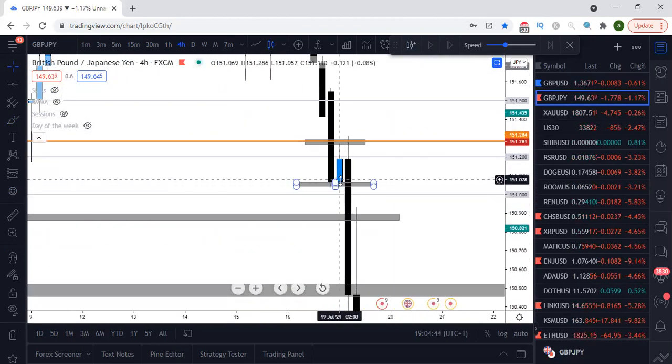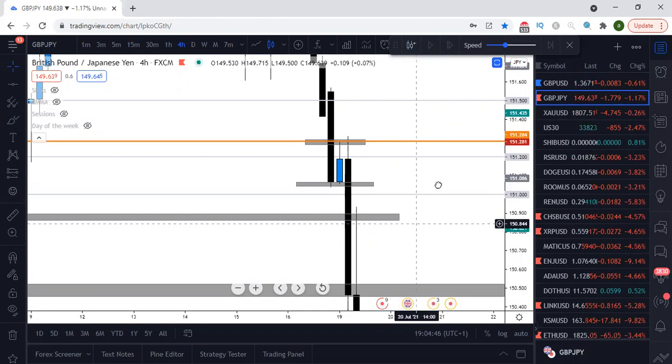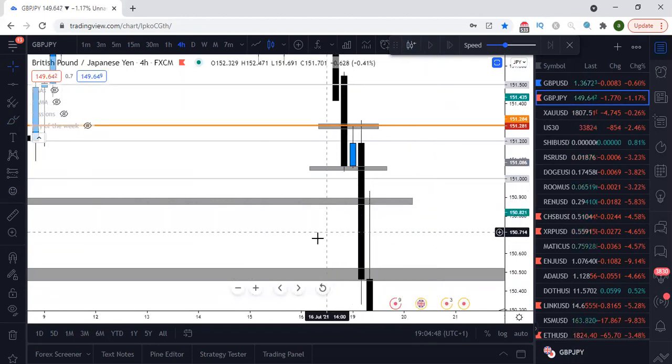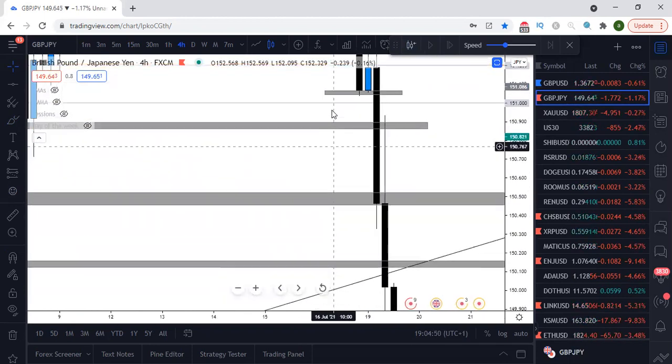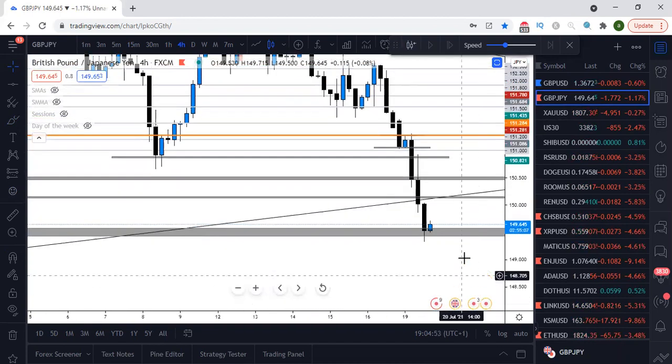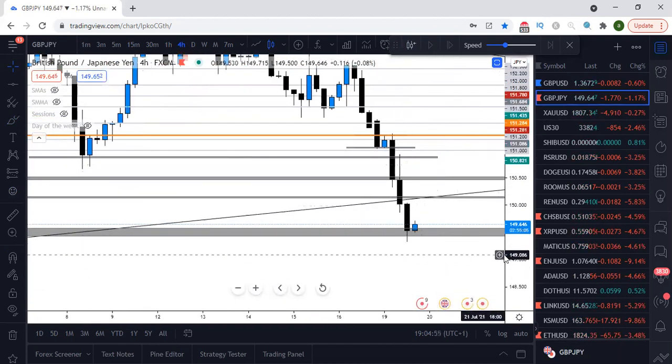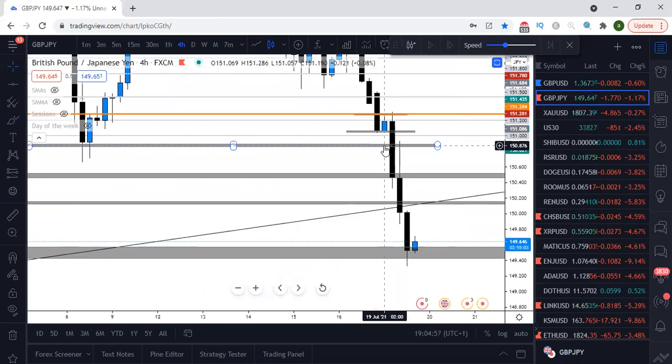I got this zone, and then this was the next potential zone where I could go to, then the next zone here, then the next zone here. And what has it done? It just kept dropping. It did not stop. With this one, I only got 5 pips on GJ.